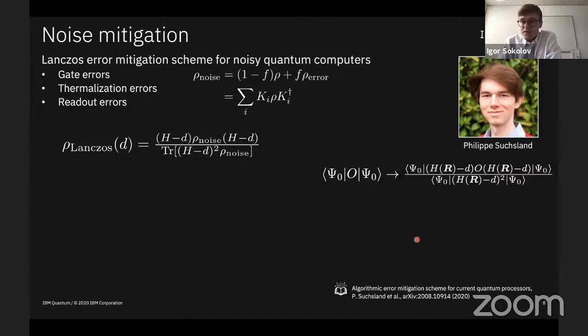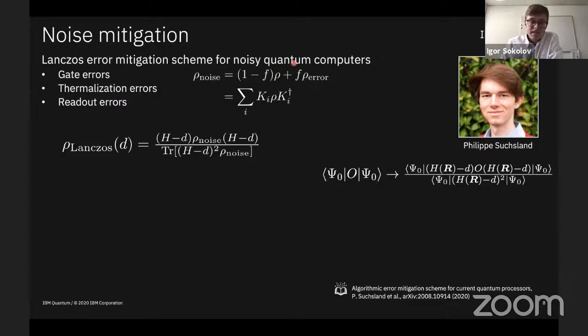Then I now want to show how we can take out the noise from these noisy forces. We have basic types of noise, which we model in Qiskit: gate errors, thermalization errors, and readout errors.